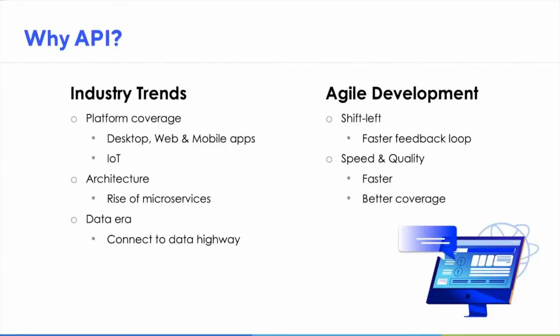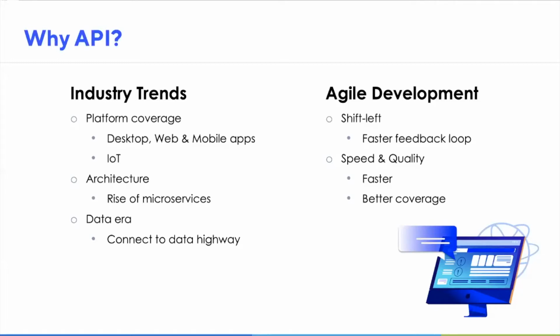So how to make the data connect to each other? It works by API. So with all the things happening out there in the industry, there is really explosive development for API.